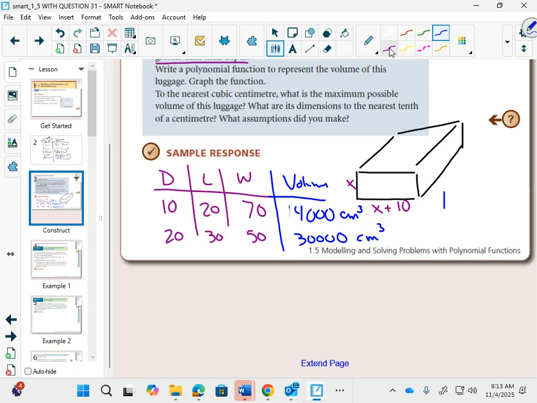So, I don't know if you've learned this in science, but 1 centimeter cubed is equal to 1 mil of water. So 1,000 centimeters cubed is equal to 1 liter.